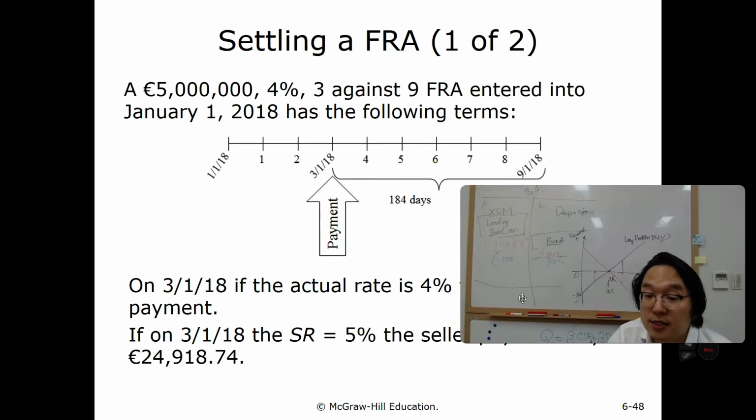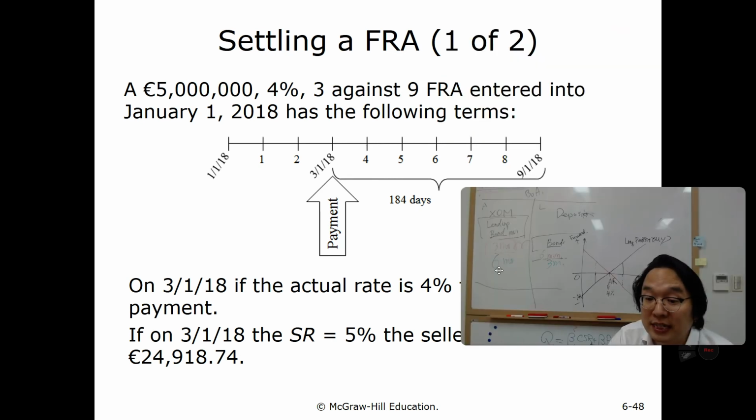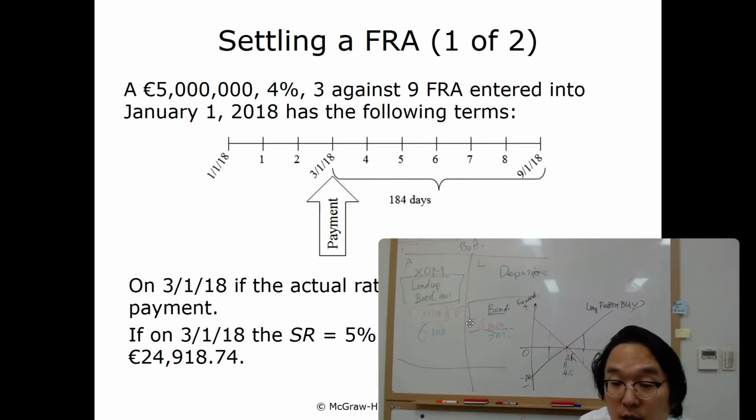This is a 3 against 9 FRA entered into January 1st, 2018, with the following terms. So January 1st, 3 months, and then after 3 months you have 6 months. 3 against 9.